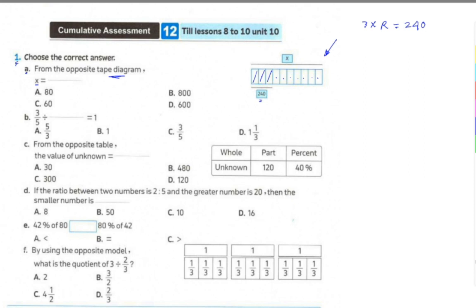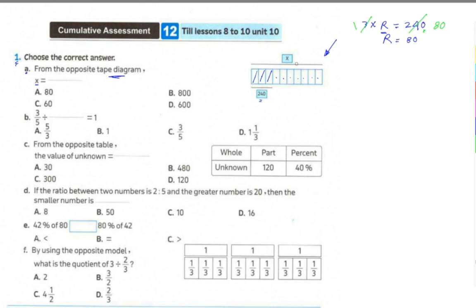I need to find what one rectangle equals. To find one rectangle, I will divide by 3. 24 divided by 3 equals 8, and we have 0. That means one rectangle equals 80.